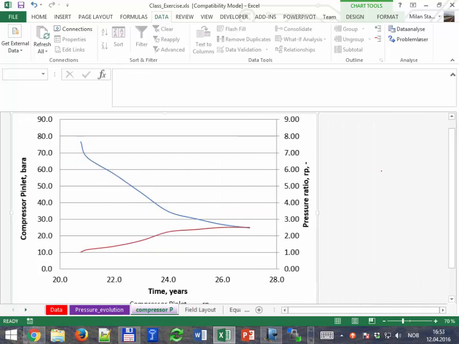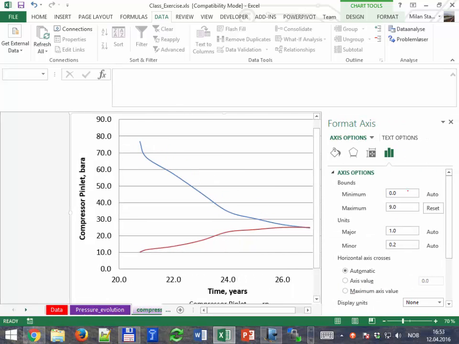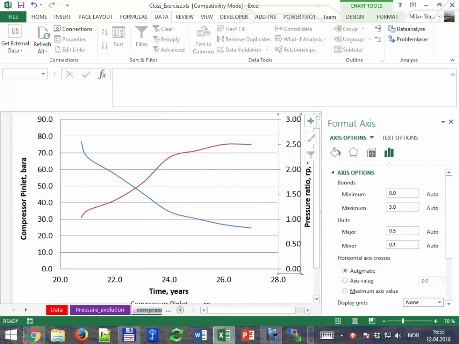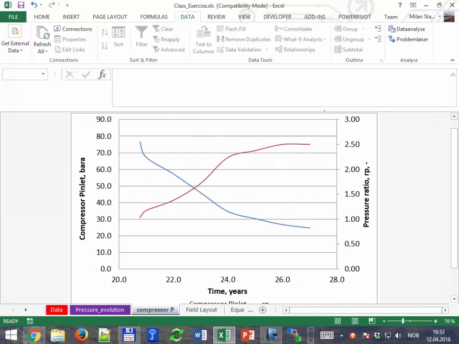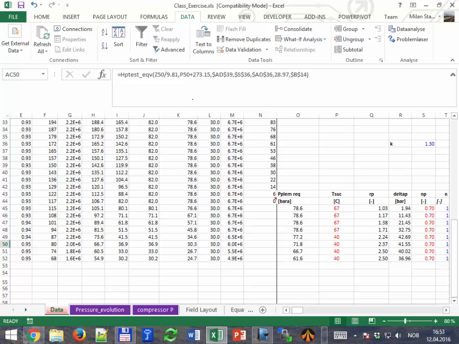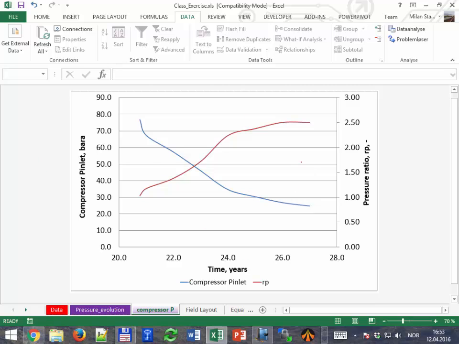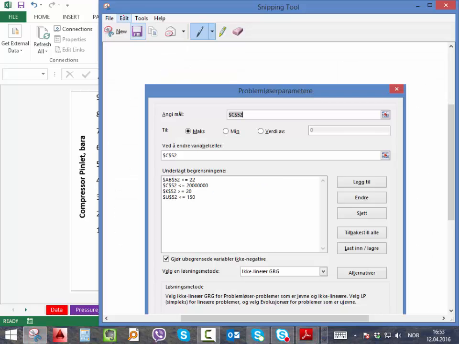Okay, let's copy that, and I don't know why this is up to 9. Come on. Yeah, you see it's a bug. You cannot move it from here. Okay, so I copy that.